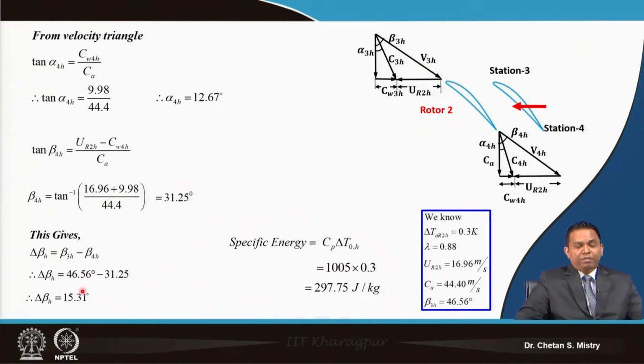So delta beta at the hub for rotor 2 is coming 15.31. My specific energy, based on our understanding, is Cp delta T0. If we put in the numbers, it is 0.29 kilojoule per kg.